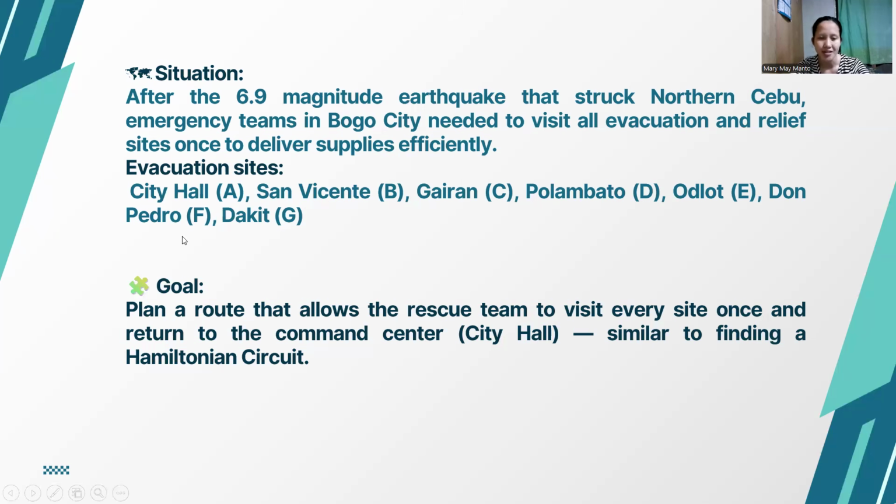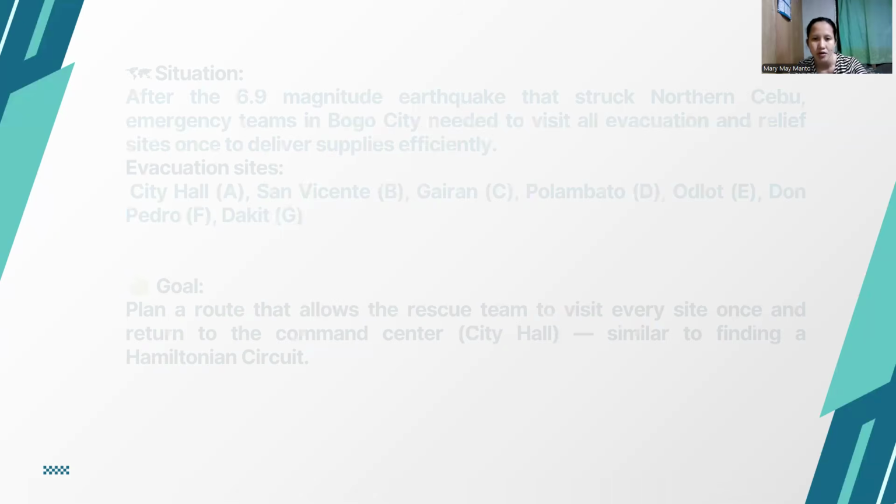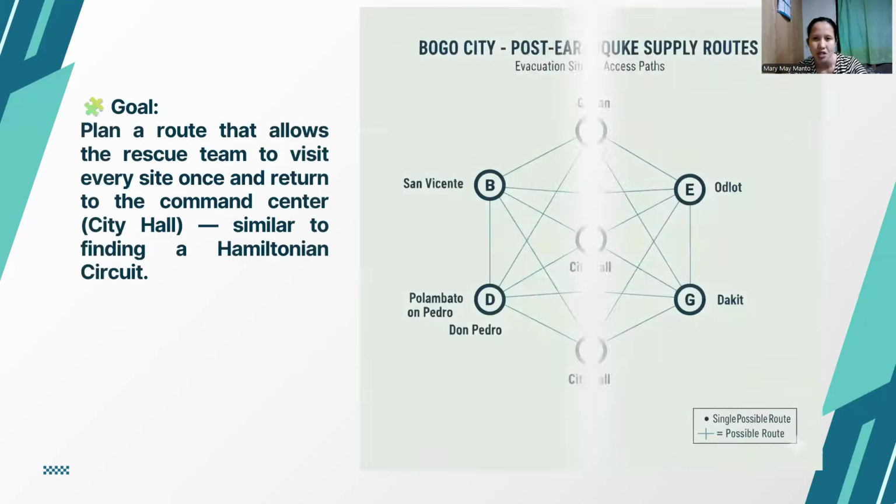Okay. So of course, in illustrating the problem, you start with a label first and you position the different roads. This is now the Bogo City post-earthquake supply roads. We start at the center, the City Hall.